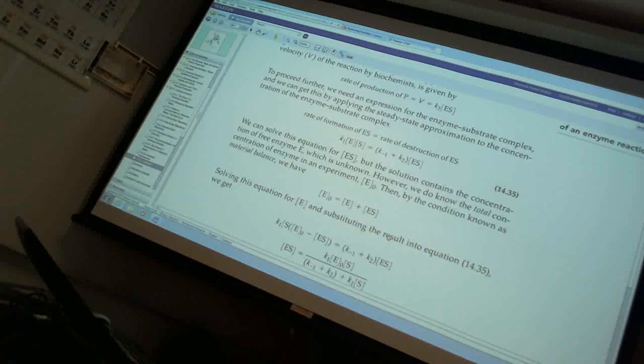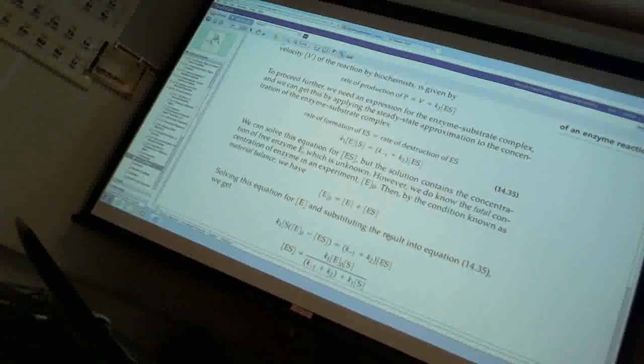But during the reaction, it's changing because the enzyme is going to be split. If I have like a mole of enzyme in there, the enzyme is going to be split between being free and being complex. And so the total enzyme is equal to the amount of free enzyme we have at any point in time plus the amount of complex enzyme. And that gives us our total enzyme concentration.